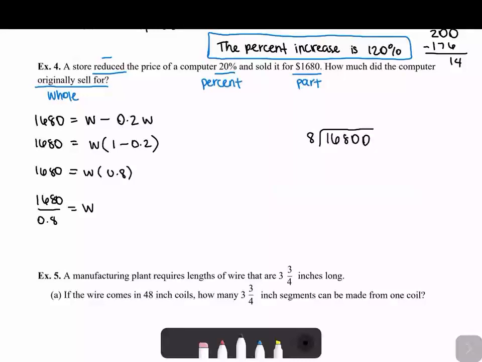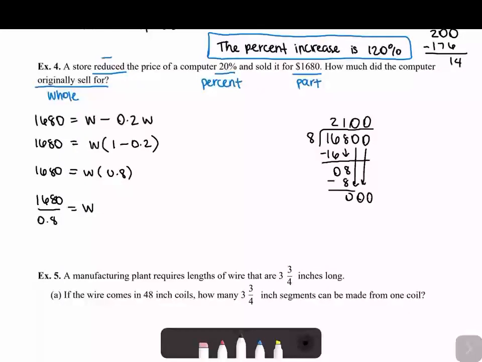So we are doing this division. 8 goes into 16 two times, with 0 left over. We bring down the 8. 8 goes into 8 one time, with 0 left over. And because we're just going to carry down zeros, we fill in zeros here. This is going to be 2,100.